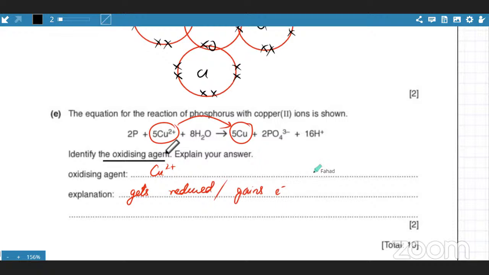It actually gains a total of 2 electrons to form a copper neutral element. Although that's not required, you just have to tell that it's going to get reduced. Remember, oxidizing agents are the ones that are always gaining electrons.